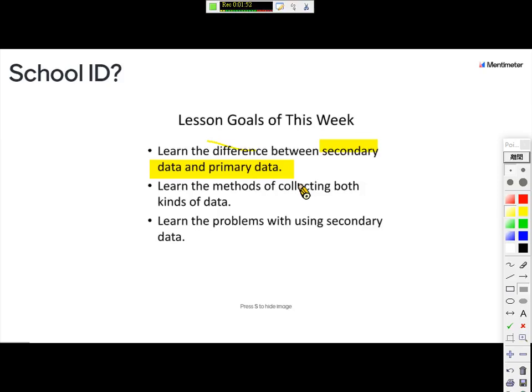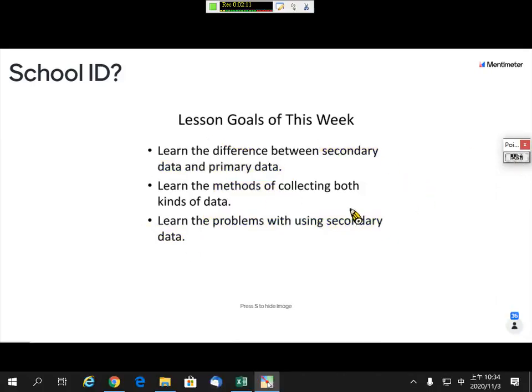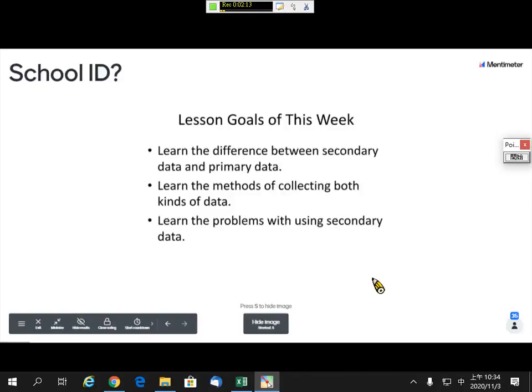So we need to have data. Once we identify different types of data, we will learn the methods of collecting both kinds of data. There are many different ways. And we will learn the problems with using secondary data. There are some issues out there. Okay, so let's continue to the next one.